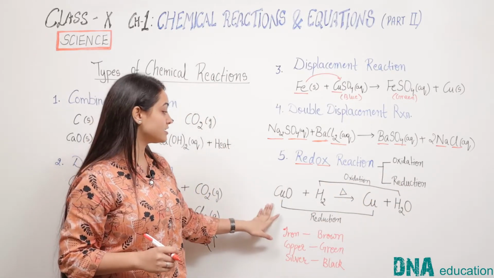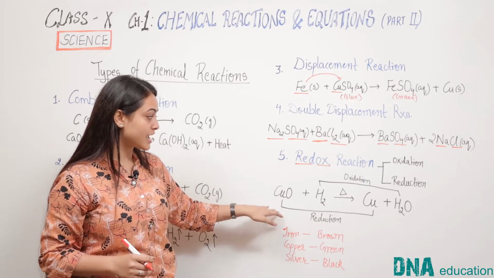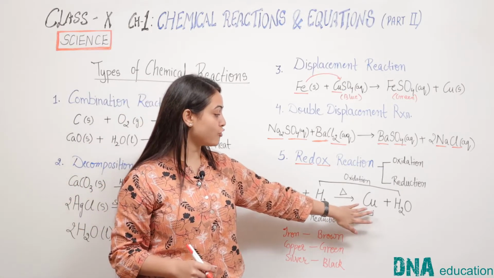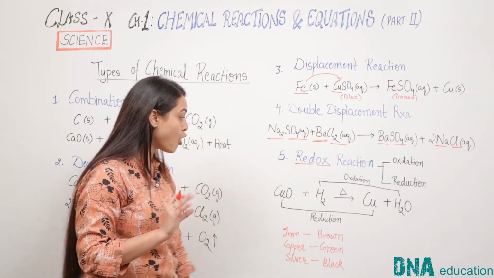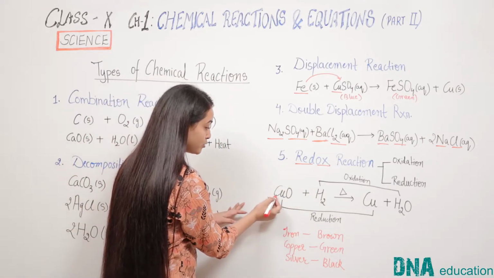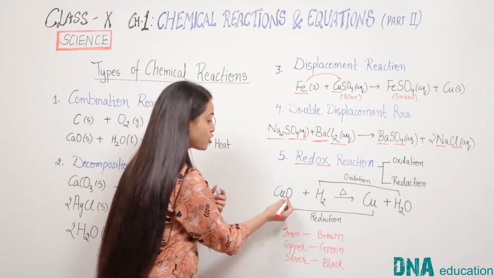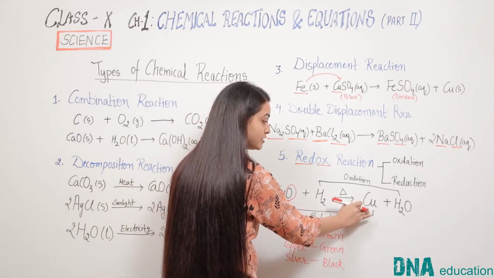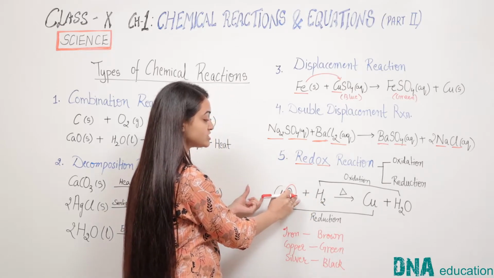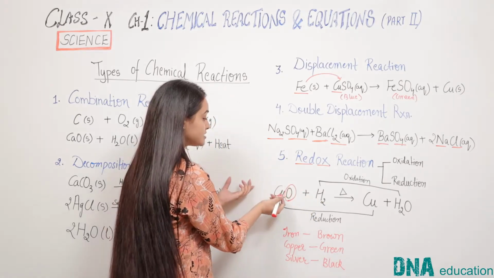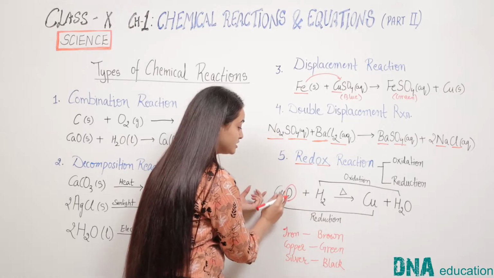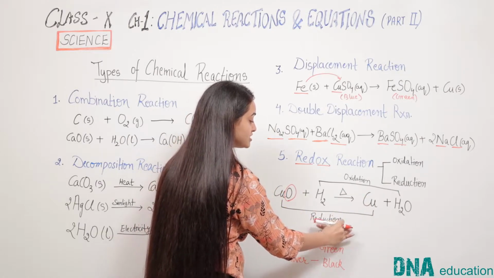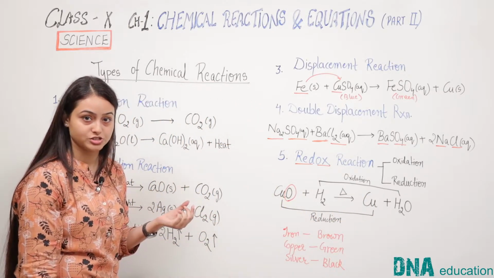Let us consider an example where copper oxide reacts with hydrogen to form copper and water. Now observe clearly. This compound, copper oxide, contains oxygen, and this changes to copper in the products. That means oxygen is removed. And since oxygen is removed, this part of the reaction is the reduction part of the equation.